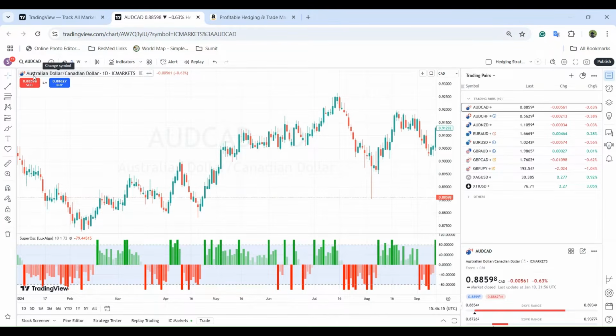Right, so here we're looking at the Australian dollar, Canadian dollar, and I will be using only one indicator, the Super Trend Oscillator. The reason for that is that it's got three indicators in one, but more importantly, it gives me all the information that I need.